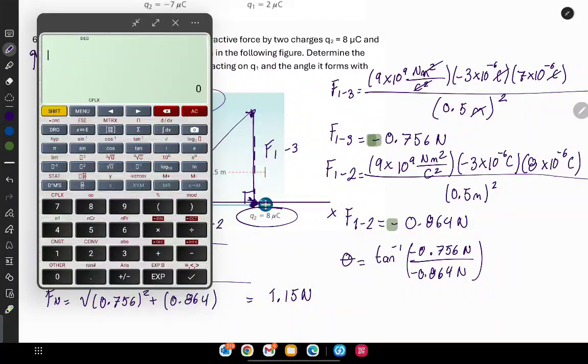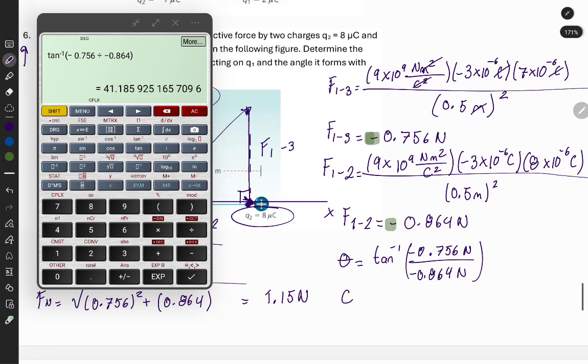Again, you need to use your calculator: inverse tangent of 0.756 divided by 0.864.